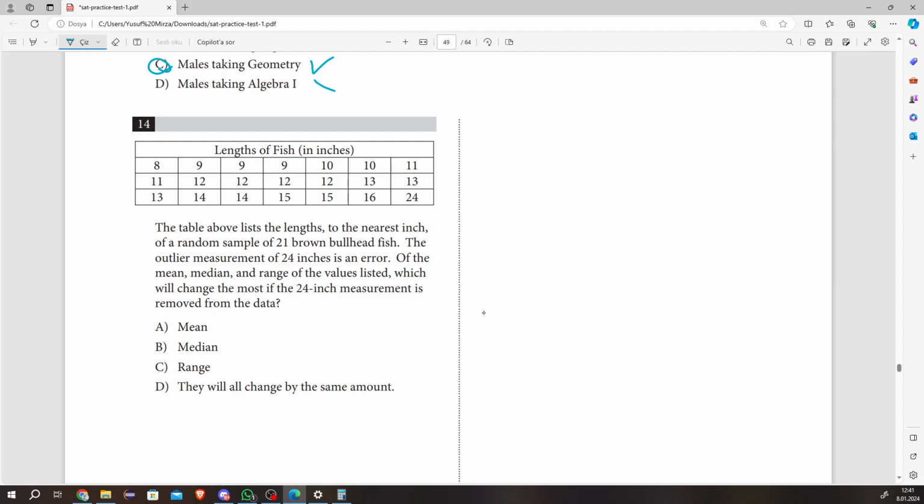So median, I remember median, and median is not changing. Range is, I think, the biggest, and yeah, I should look at them because I don't know them in Turkish. Let's go ahead when I learn them.